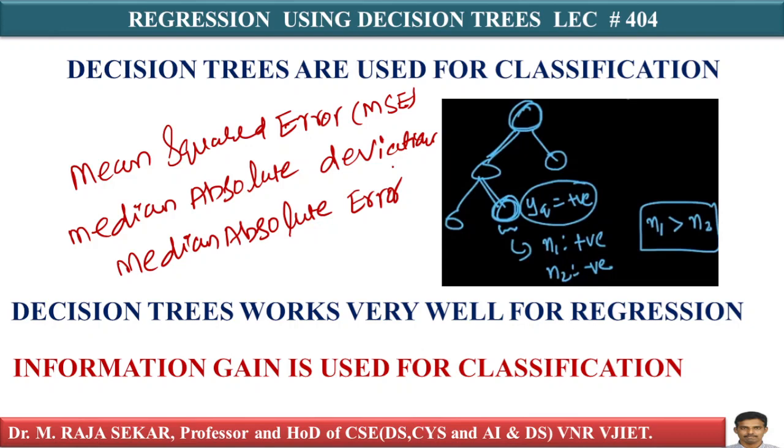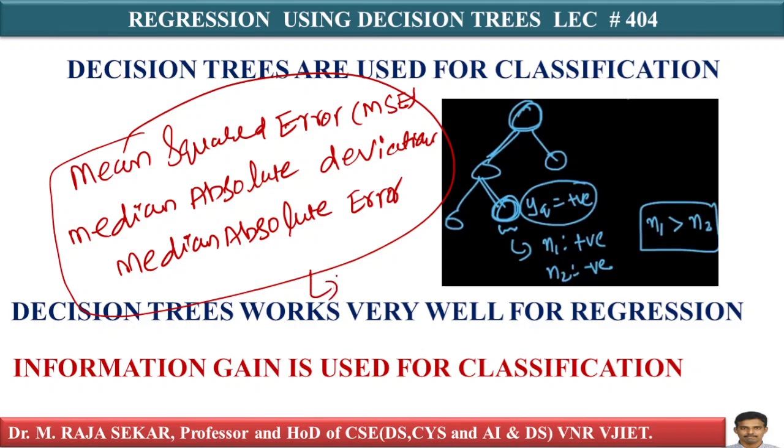So we use mean squared error or median absolute deviation or median absolute error. We use these for regression, and the way we use them is as follows. All these are useful for regression.